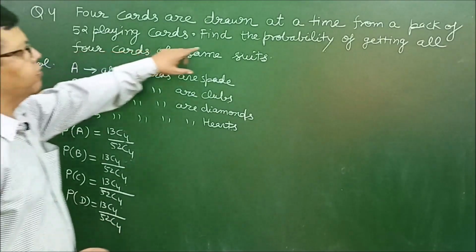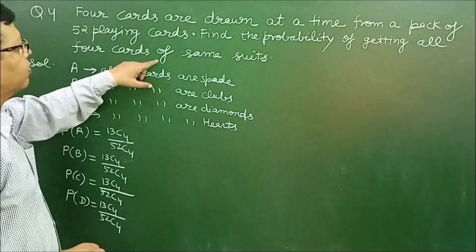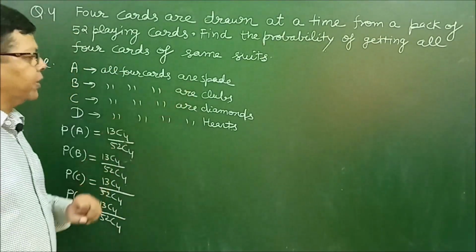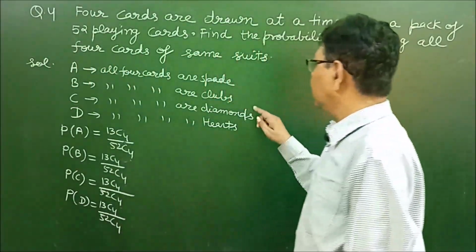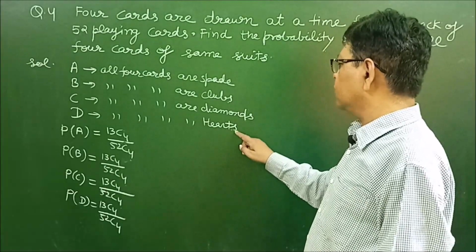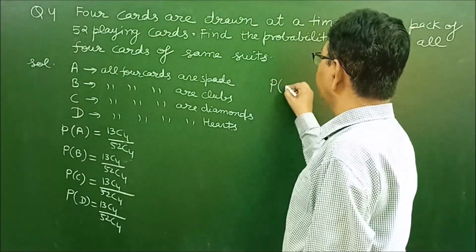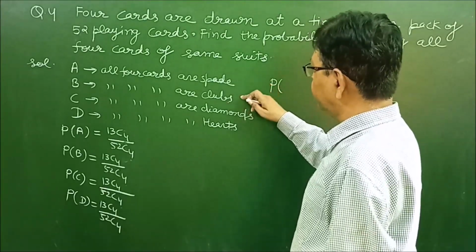Now the last line, find the probability of getting all 4 cards of same suits. Means either cards belong to spade or clubs or diamonds or hearts.